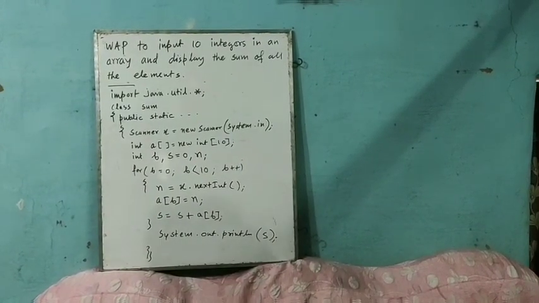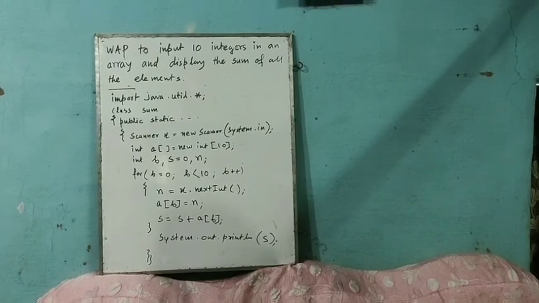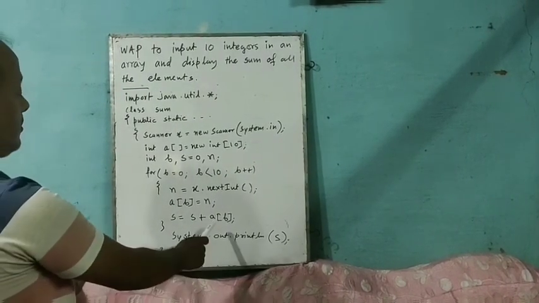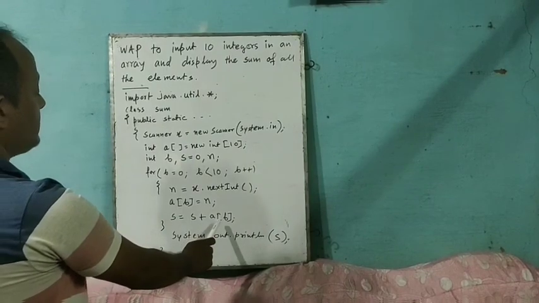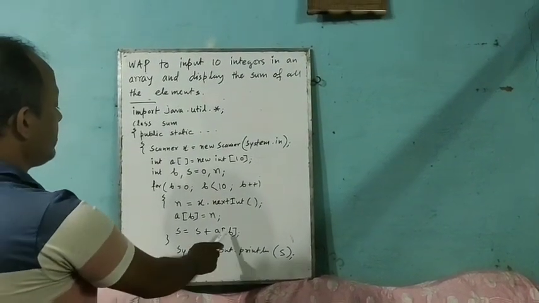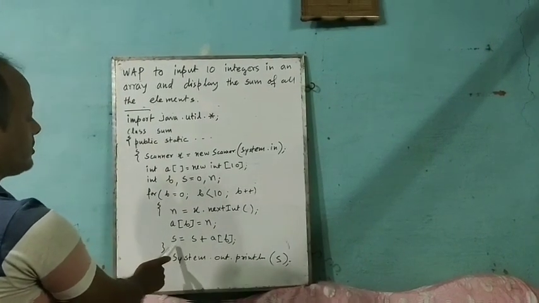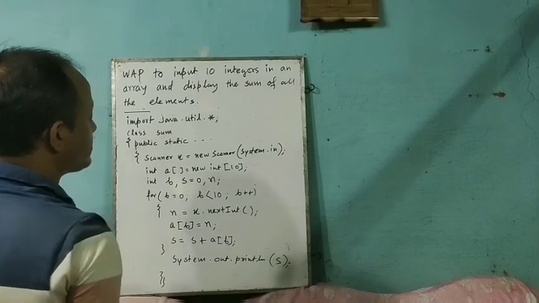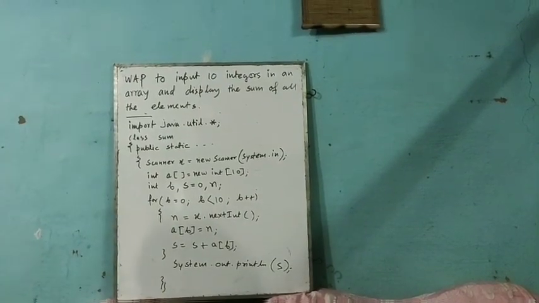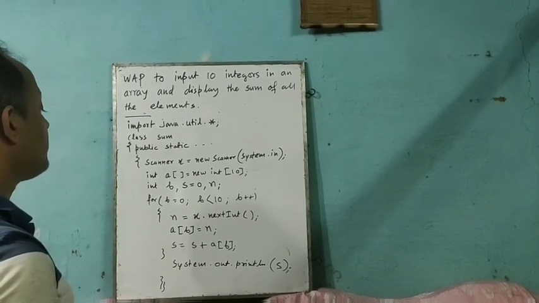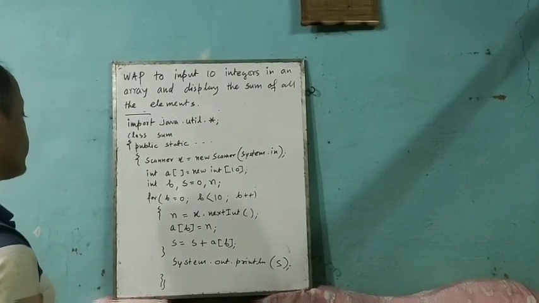We are taking input of 10 integers in one array a, and all those elements in the array, that means the values that we have taken in the array, are all added to the accumulator s, and finally s is printed. So we have taken input of 10 integers in one array and we have displayed the sum of those integers.